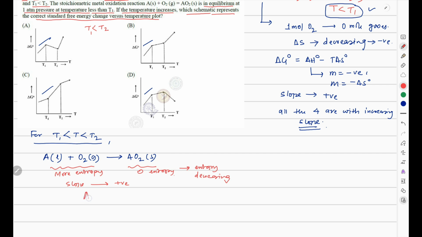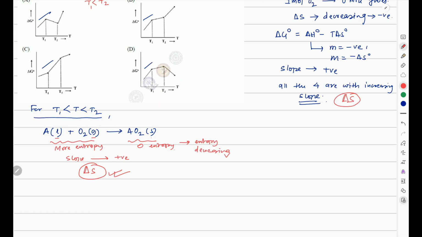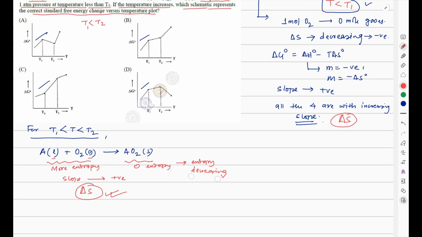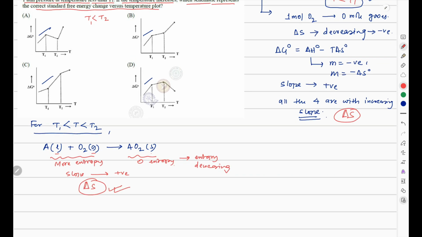But comparing the value of delta S in this case with the previous case, delta S is more negative in the second case because liquid and gaseous phases change to solid. As we know, the randomness of liquid is more than solid, so the entropy change here will be larger. Therefore, the slope is more positive, so the slope should increase further.